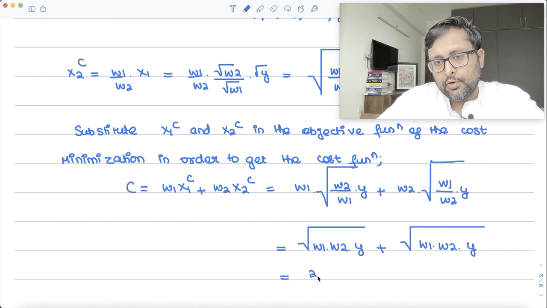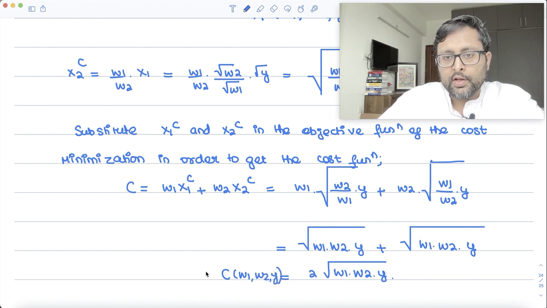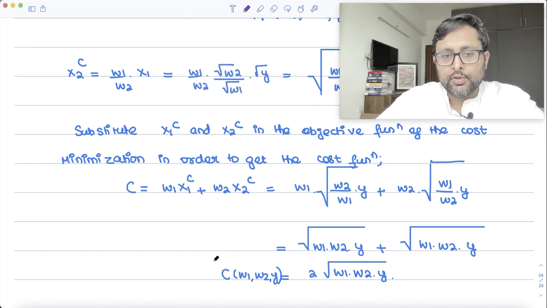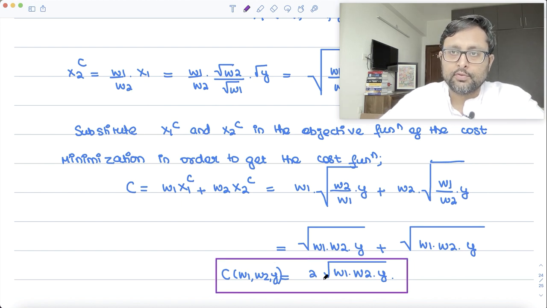So this becomes 2 root of W1 W2 y. So this is what my cost function is. You with me, beta? As you could see, this cost function is a function of input prices and output. This is what you can see, right?